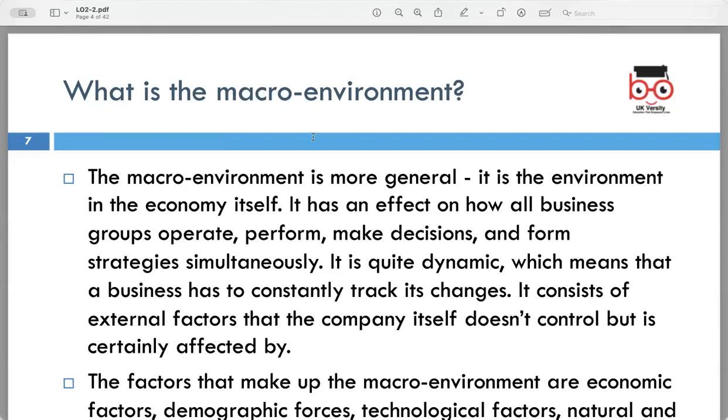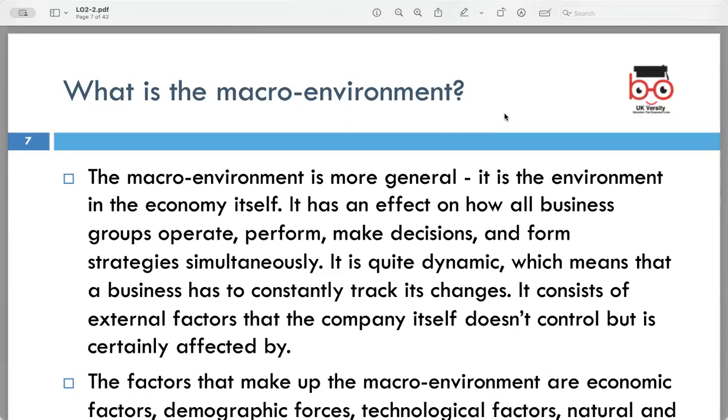Macroenvironment encompasses a wider scope. It encompasses the environment that exists inside the functioning of the economy itself. It has an impact on the management, performance, decision making, and strategy making processes of all business groups at the same time. Considering how dynamic it is, it is imperative that a company always keep a close eye on how it is evolving.